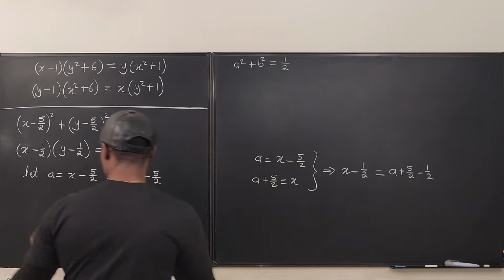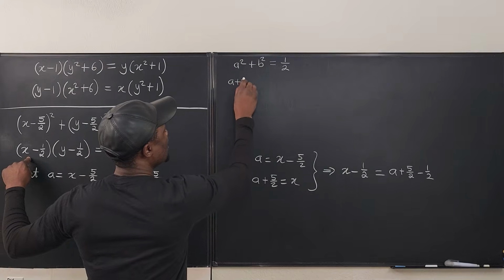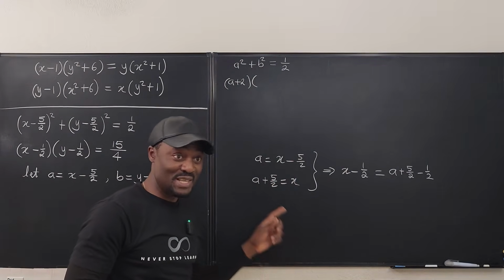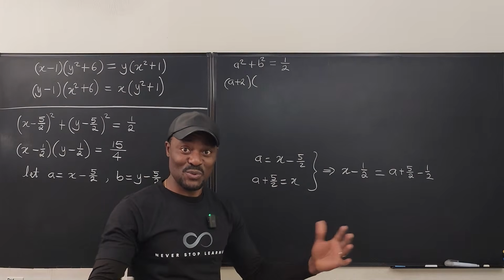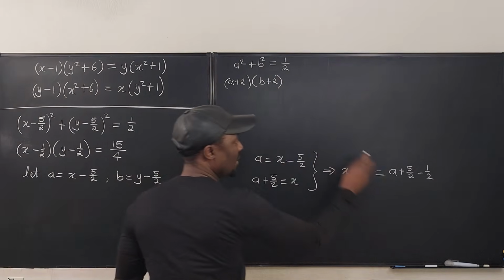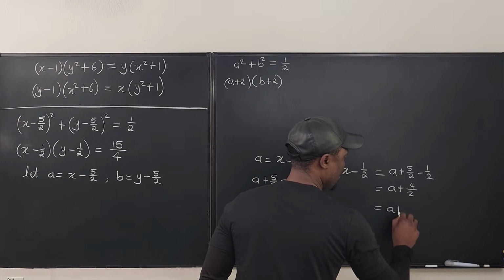So we can actually go back here and say that the second equation is a plus 2 multiplied by, if you do the same thing for b, because they're the same thing, we just switched a and b, it's going to be b plus 2. Okay, this is the same thing as a plus 4 over 2, which is a plus 2.